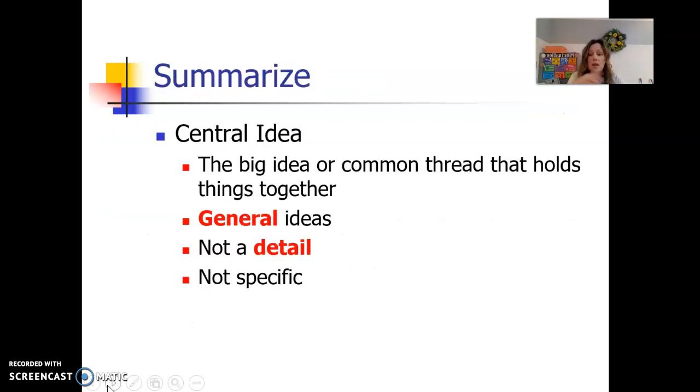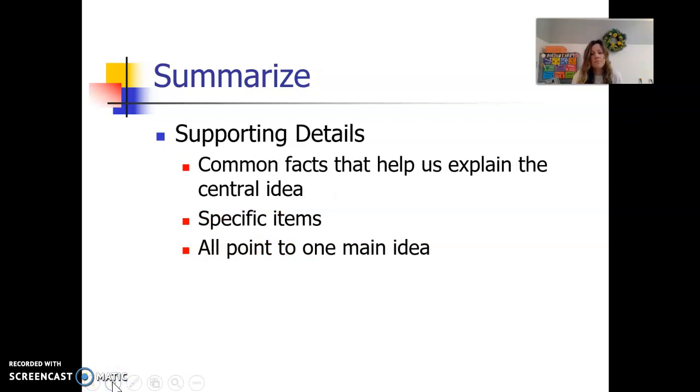So, to summarize, central idea is the big idea or common thread that holds things together. They're general ideas. The central idea is a broad general idea. They're not details, and they're not specific. Supporting details are common facts that help us explain the central idea. They're specific items, and they all point to one main idea.